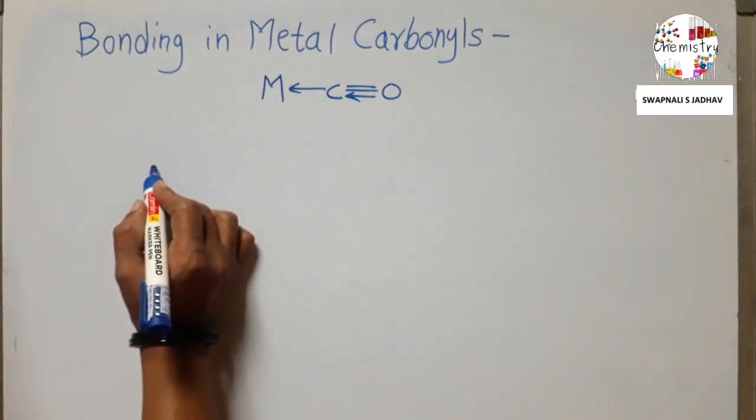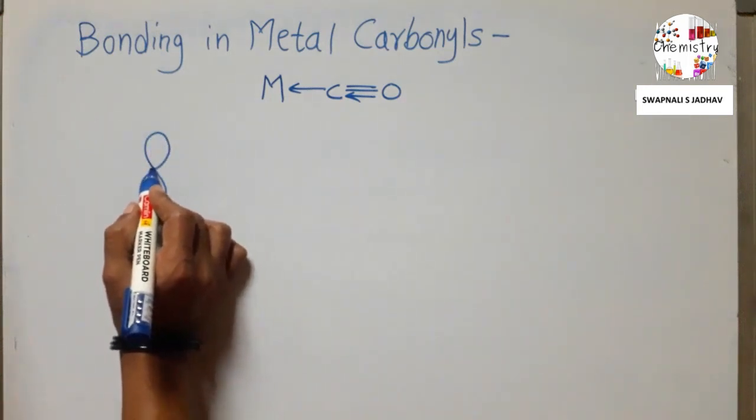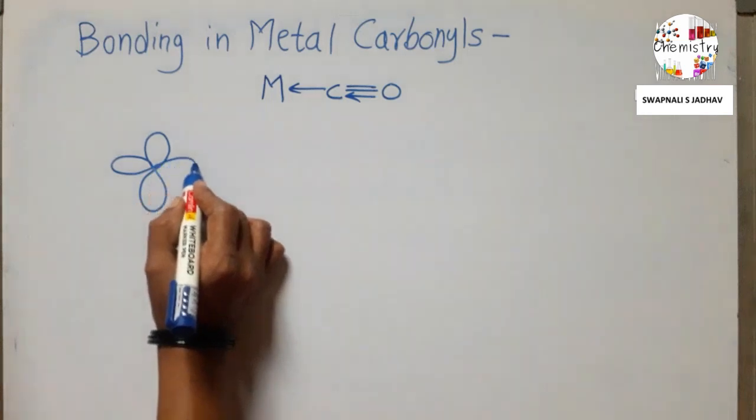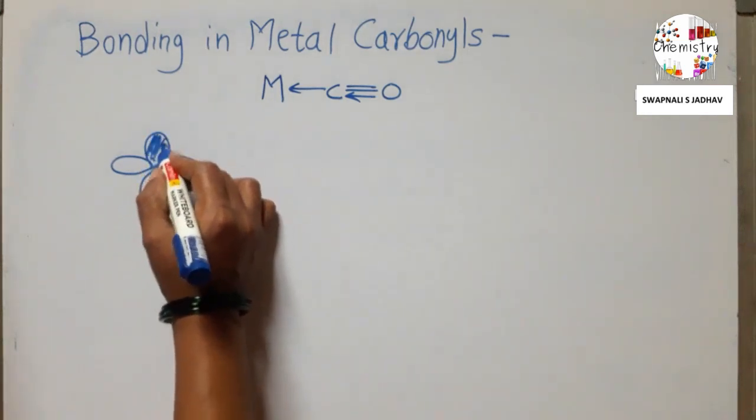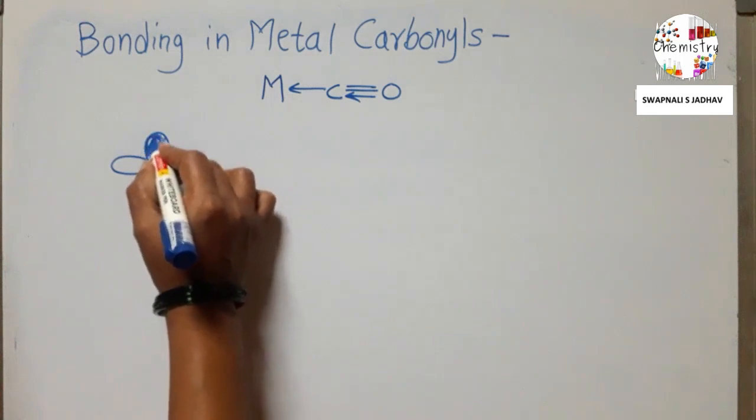So how does it appear? This is the orbital of the metal.